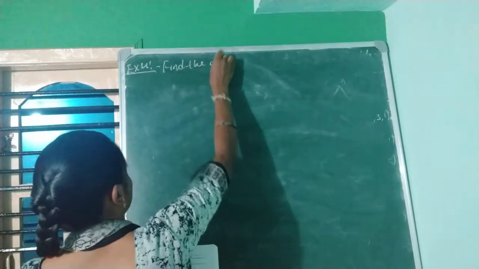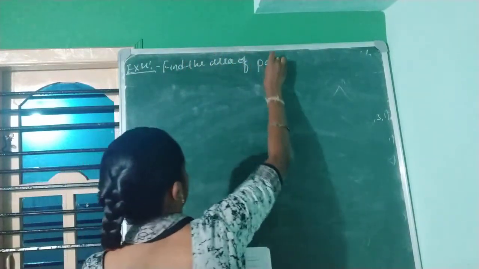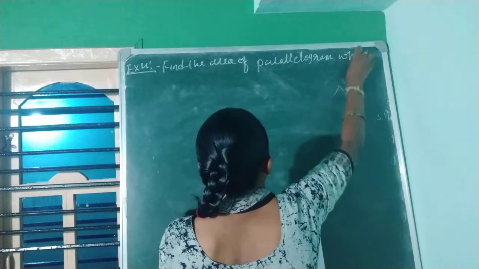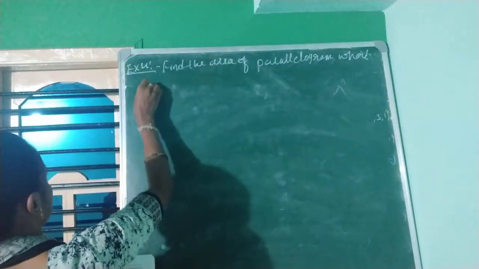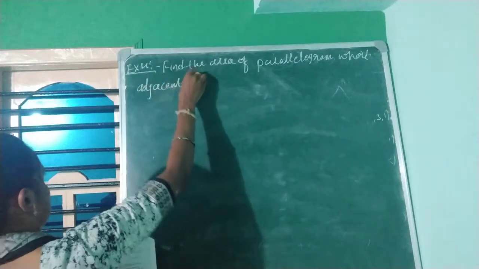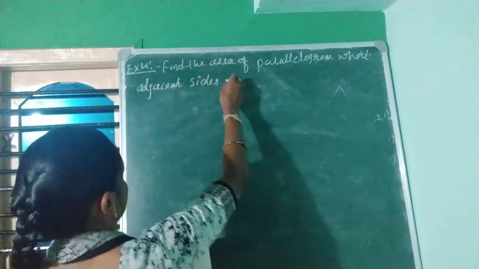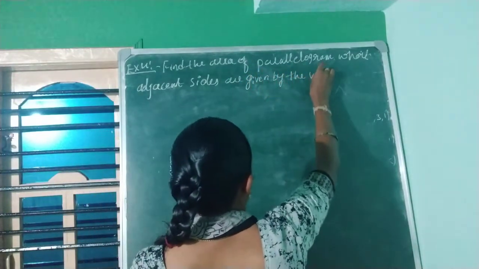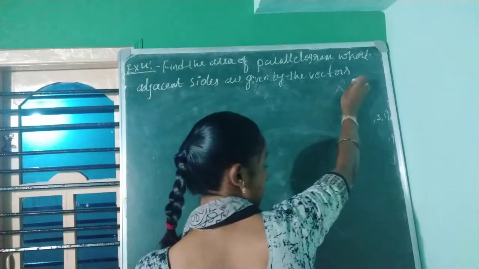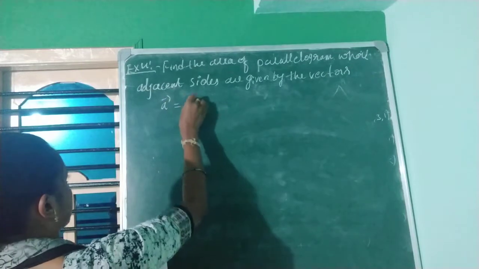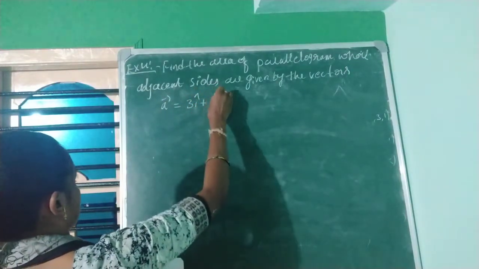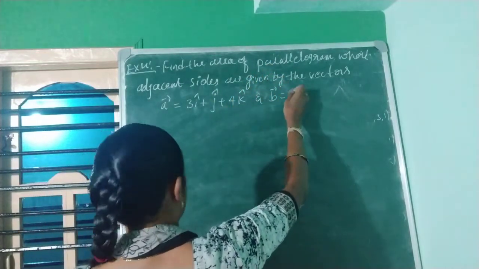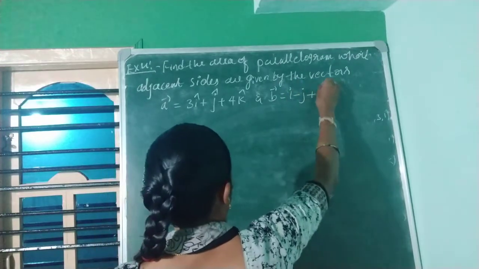Find the area of parallelogram whose adjacent sides are given by the vectors, that is vector A is 3i plus j plus 4k and vector B is i minus j plus k.